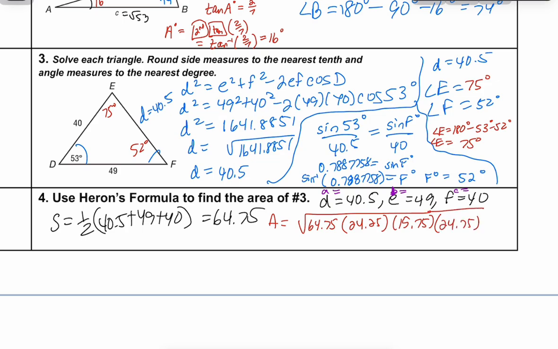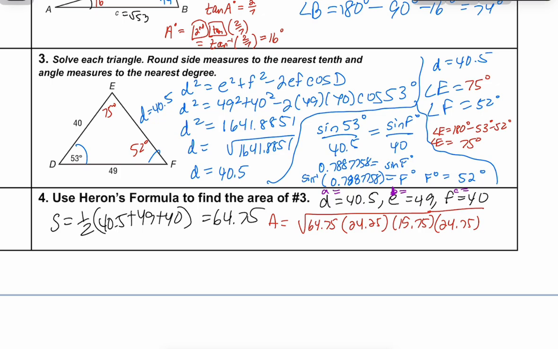Okay, so let me remind you what just happened. It is going to be the square root of our half perimeter minus our side A, or our first side, half perimeter minus our next side, half perimeter minus our last side. So you just get those numbers in a calculator. Now we're going to square root that. So the square root of 64.75 times 24.25 times 15.75 times 24.75.